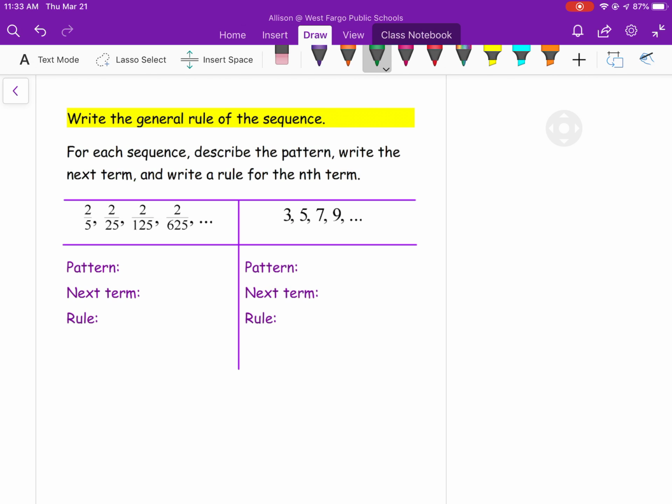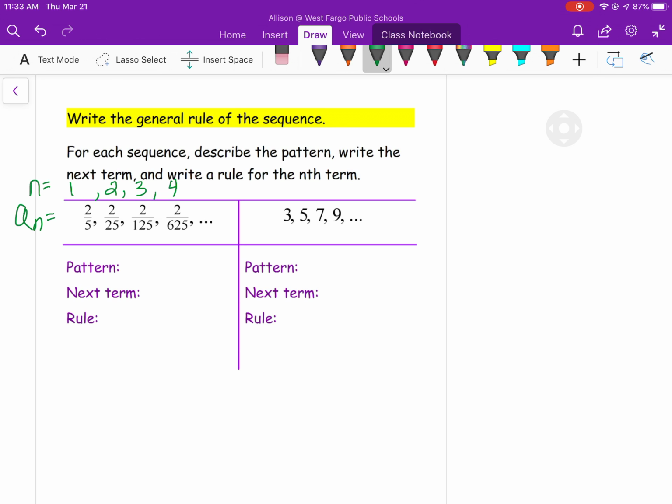Writing general rules is a little bit trickier, but we have to figure out what the pattern is and then figure out how to relate that pattern to our term in the sequence, what number terms. So you remember this is n equals 1, n equals 2, n equals 3, n equals 4, and this is a sub n down here.